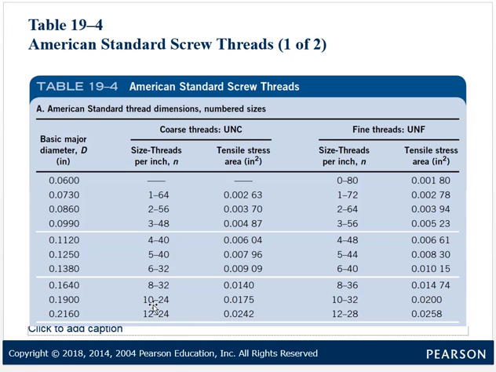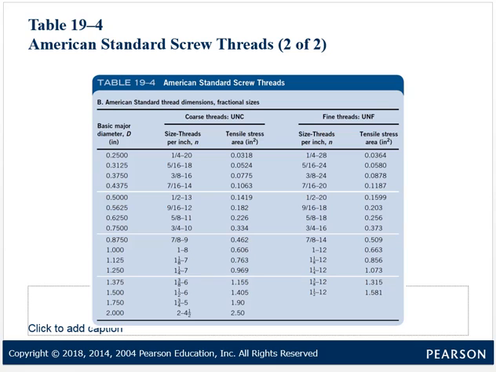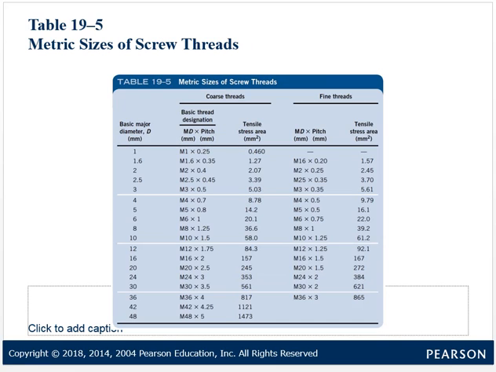Okay, we talked about like a number 10-24 is a UNC coarse thread, and number 10-32 is a UNF fine thread, and this chart here tells you what the tensile area is based on what the thread pitch is and the basic size of the screw. So we're going to be using this table in the problems. Okay, so here is another table, and we got the same thing for metric threads, but we're not going to talk about metric threads.